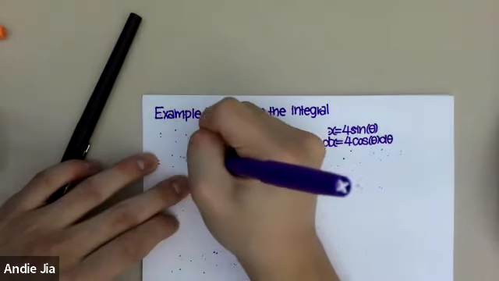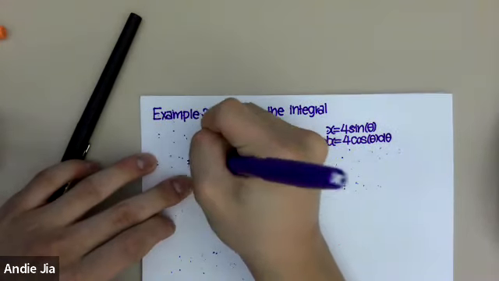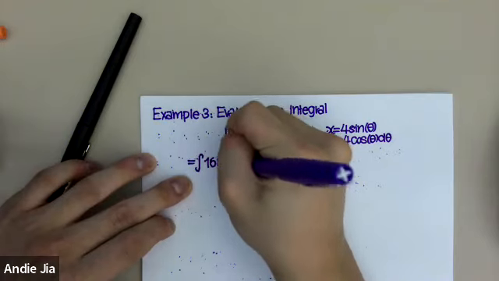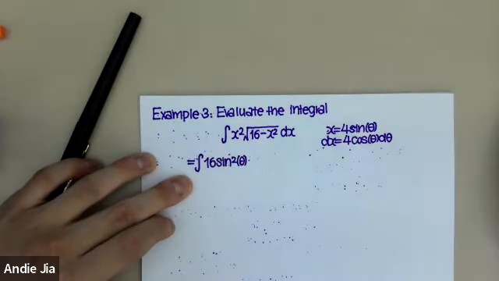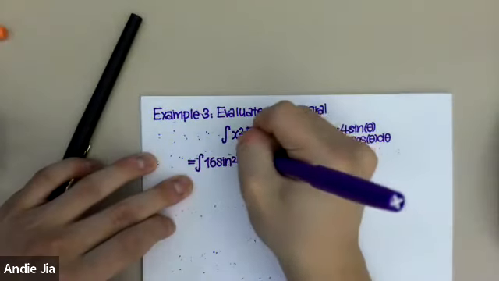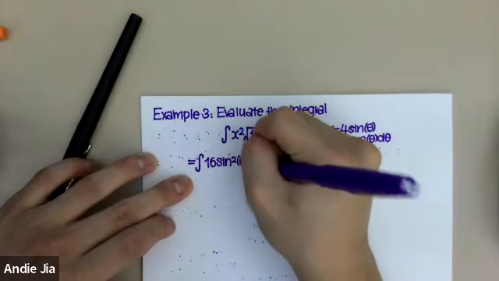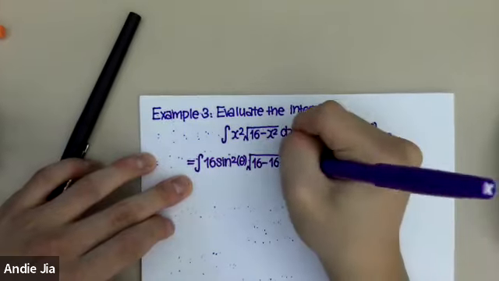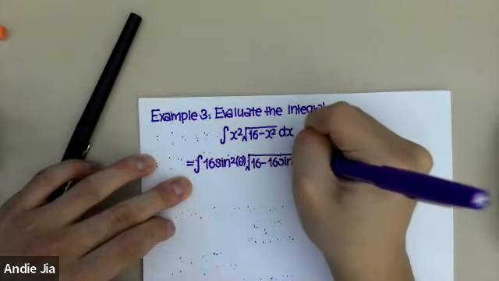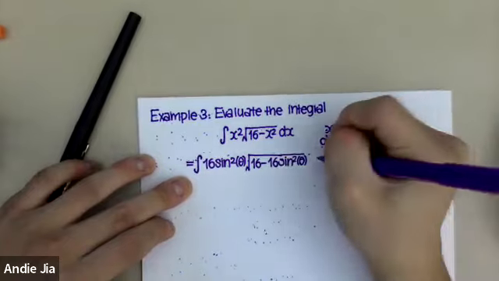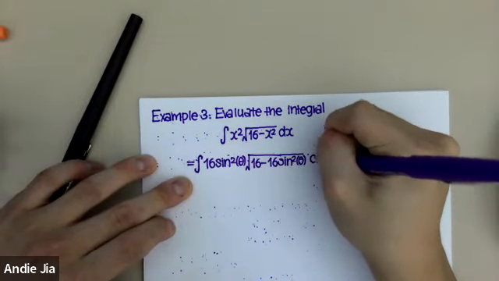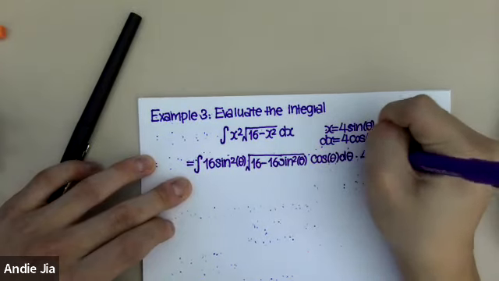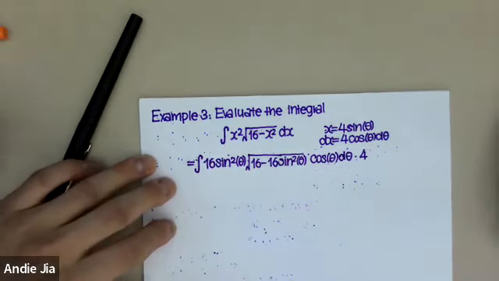So this will give you the integral of 16 sine squared of theta, and then the radical of 16 minus 16 sine squared of theta, times cosine of theta d theta, times 4. I forgot this 4 here.